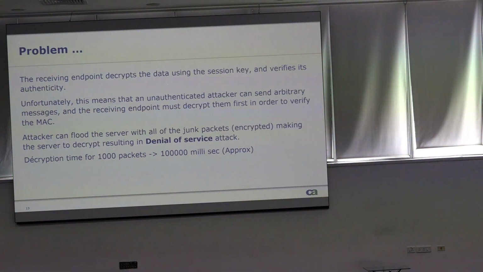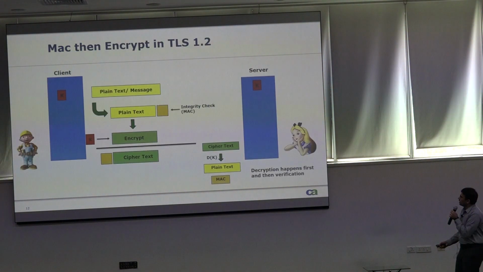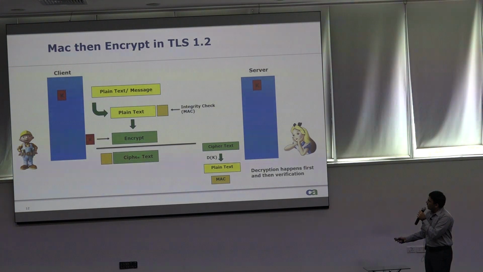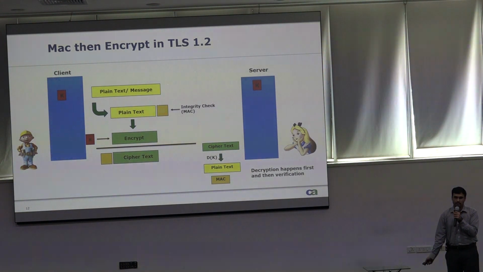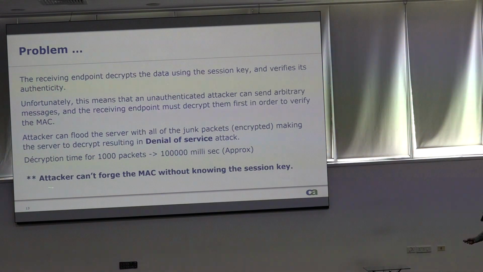Now you might ask the question, if the attacker is appending a ciphertext, now he can recompute the MAC, append the new ciphertext, and send it to the server. The attacker can still do that. But is it possible? The attacker cannot forge the MAC without knowing the session key, right?